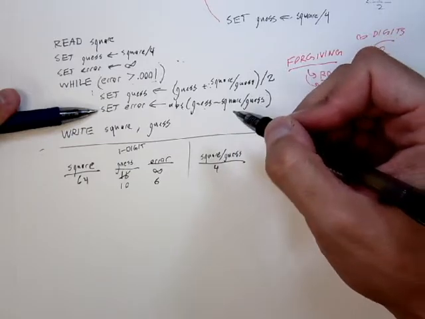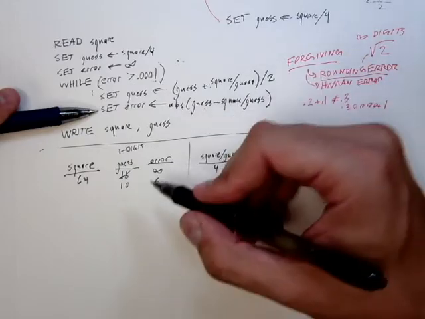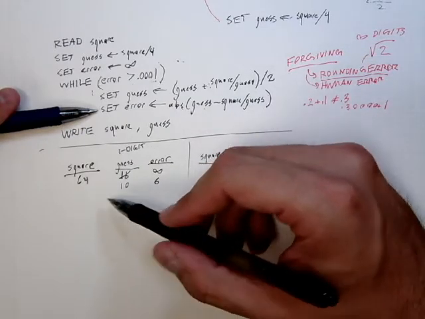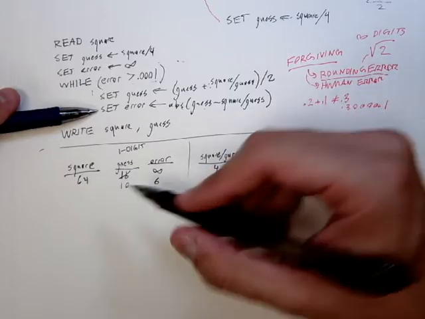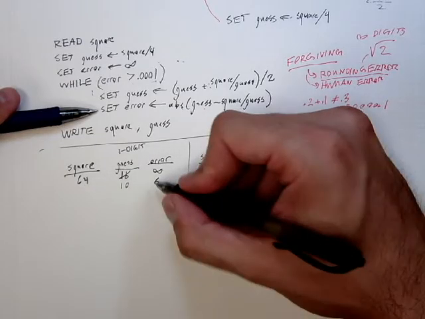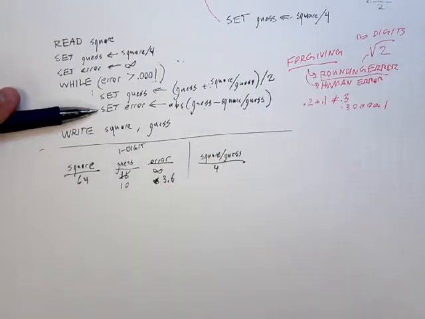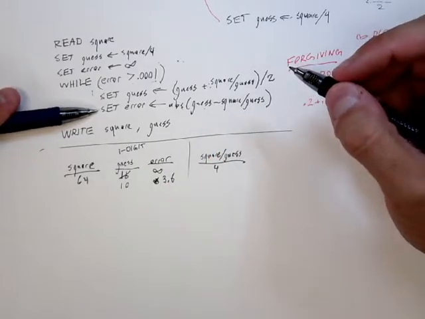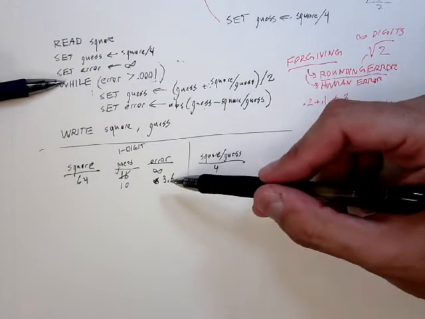That's not right. It was 6. The error is the absolute value of guess minus, at this point it's 64 over guess, so guess minus 6.4, that's 3.6. Yeah. So error is 3.6 now. And I'm going to come back up and I'm going to say, is the error less than the tolerance?